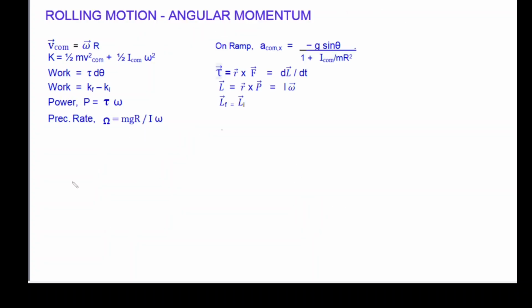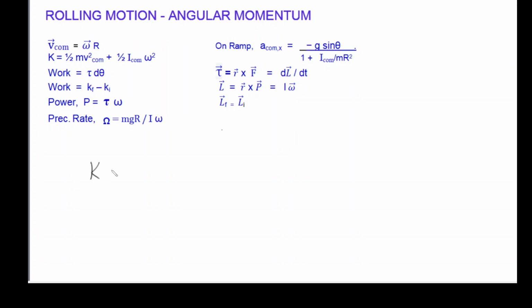Now let's consider the kinetic energy of rolling. We said that rolling is a combination of translation of the center of mass as well as rotation around the center of mass.